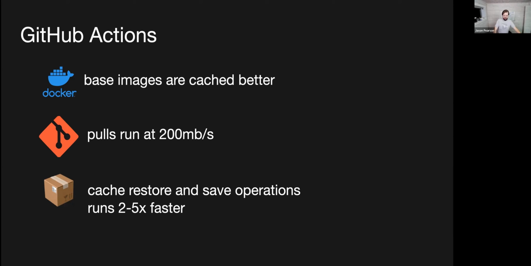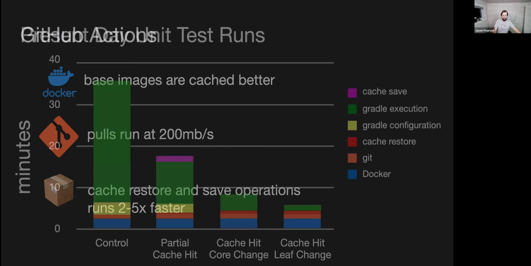You could use treeless clones like we did in the other project, but no need to invest that if you're pulling from GitHub onto GitHub. And then cache restore and save operations, just in terms of network and file system speed, are about 2 to 5 times faster, and therefore why optimize something that's just stupid fast?